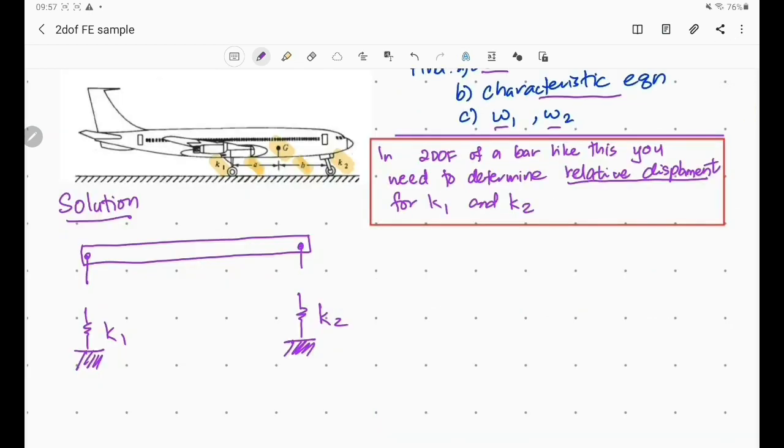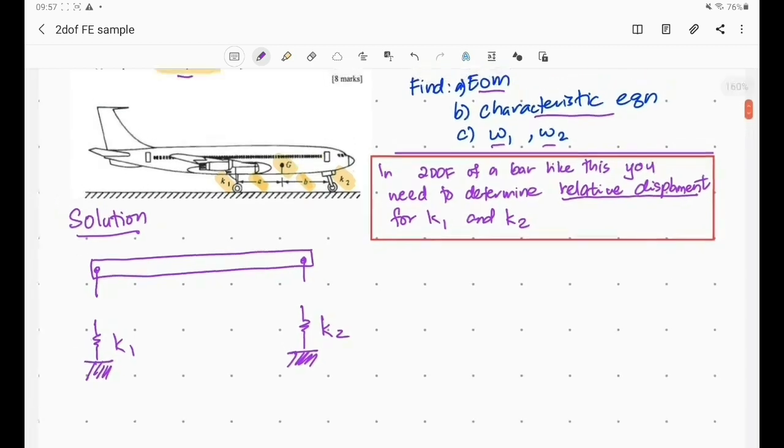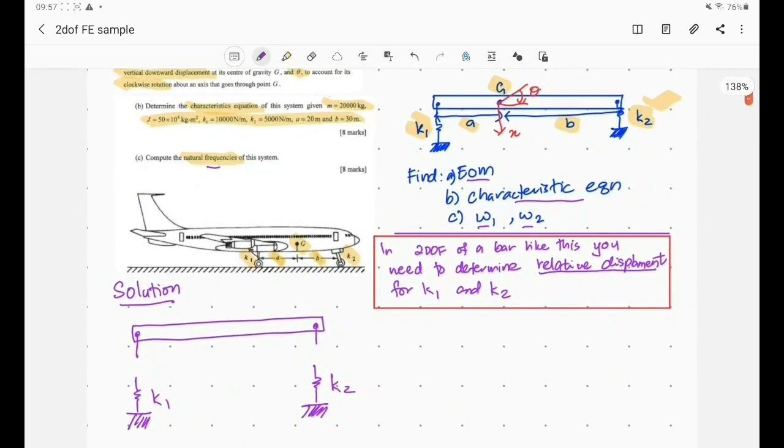It is important to know that if you deal with a 2 degree of freedom system like this, it's slightly different than dealing with the single degree of freedom system previously, where you actually draw the bar according to the direction of your assumed motion. But in a 2 degree of freedom system, you need to find the relative displacement.